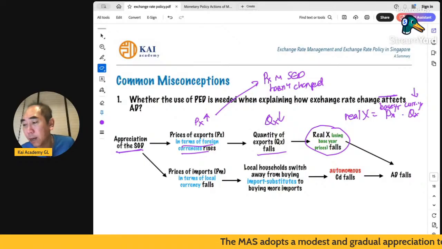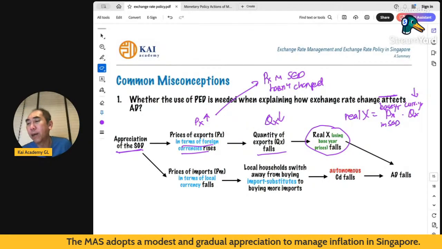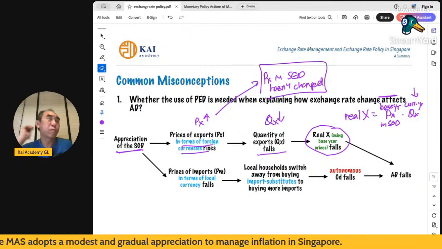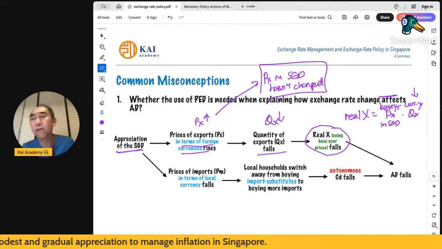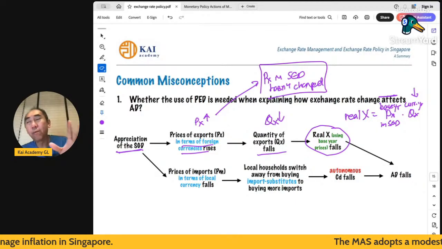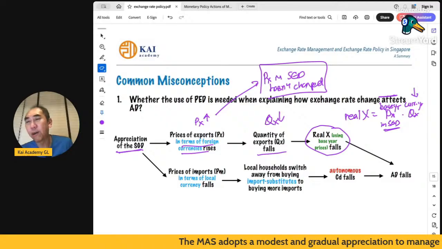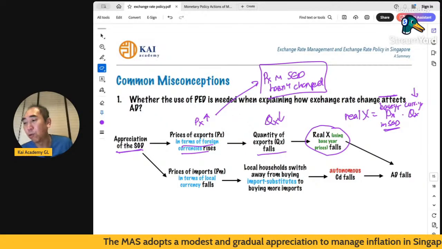Firstly, because it's base year. Secondly, because this base year should be measured in SGD anyway. Even if I don't use real value, even if I use nominal value of X, the PX, even in nominal values, if you use current year PX, it should be measured in Sing dollar rather than US dollar, and that should actually be no change as well.